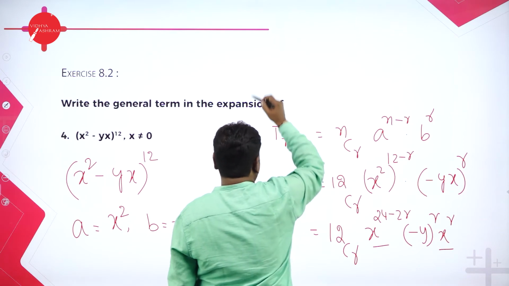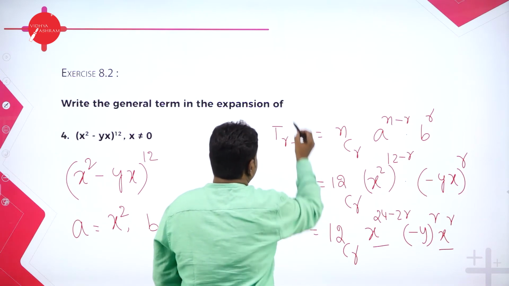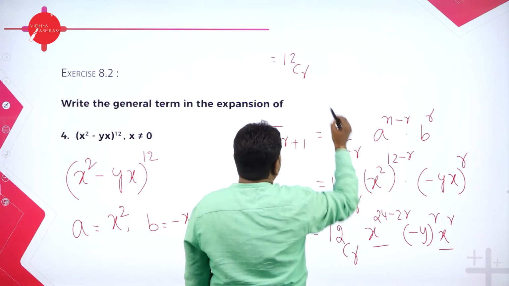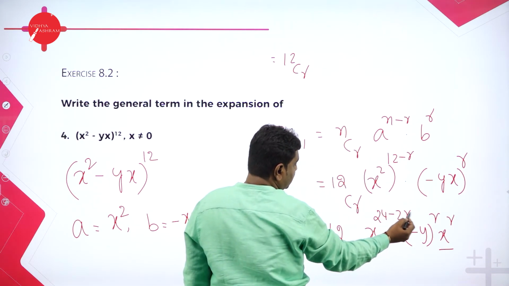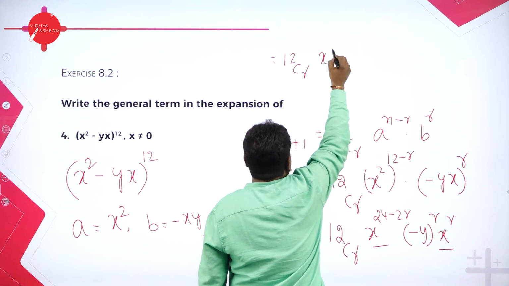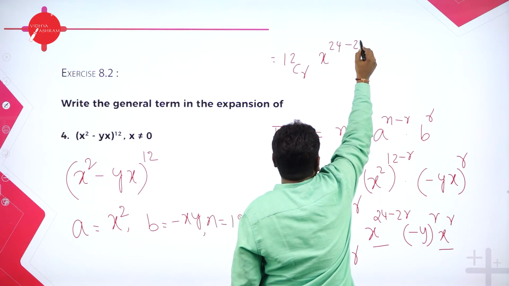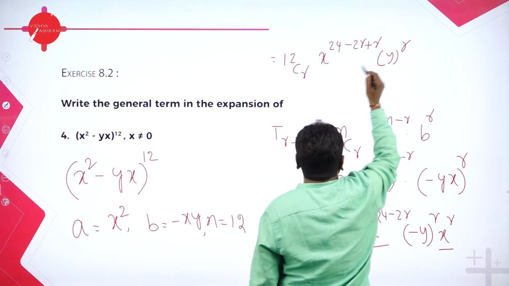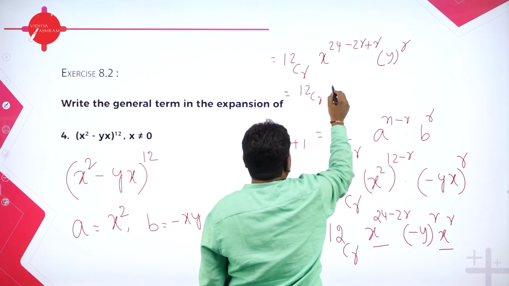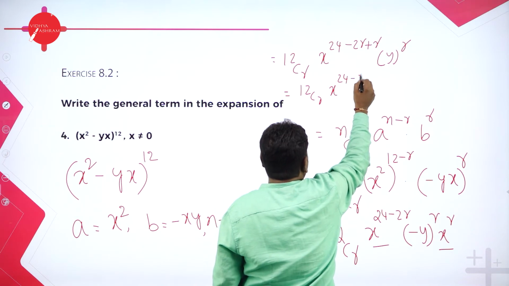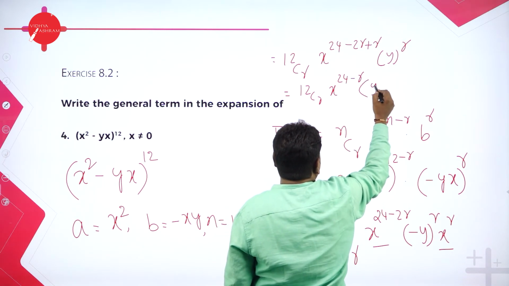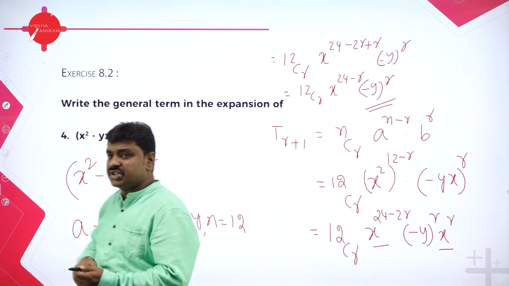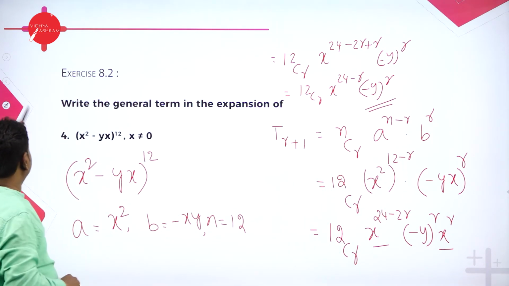So finally it will be 12Cr into x power 24 minus 2r plus r. Law of indices, a power m into a power n can be written as a power m plus n. So that is 12Cr x power 24 minus r into minus y power r. This is the value. General term, they don't want a particular term.